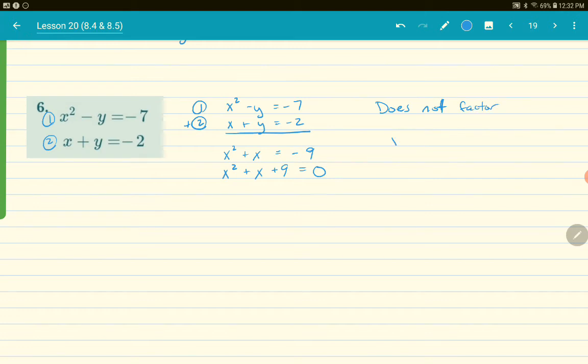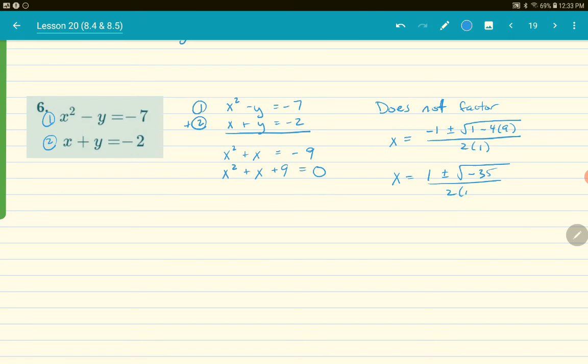So using the quadratic formula, I get -1 plus or minus the square root of 1 minus 4 times 9, all over 2a. And I see that I'm going to have a negative under the square root. So that's the square root of 1 minus 36, that's a -35.